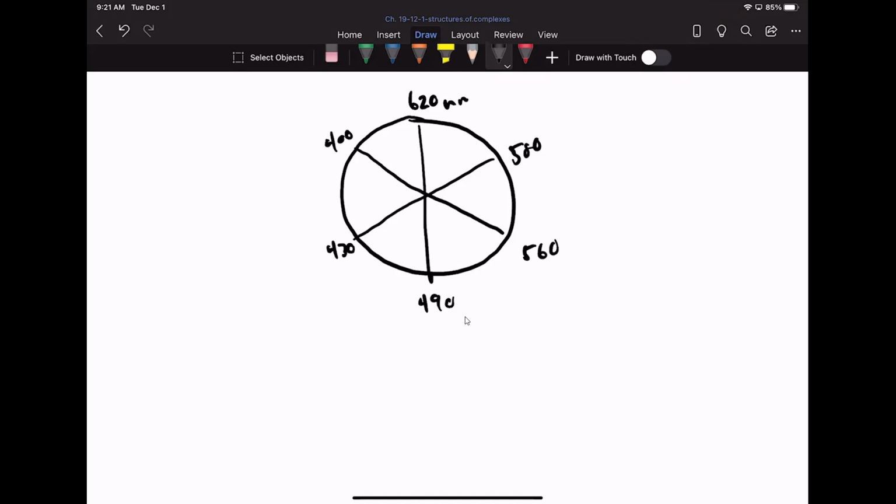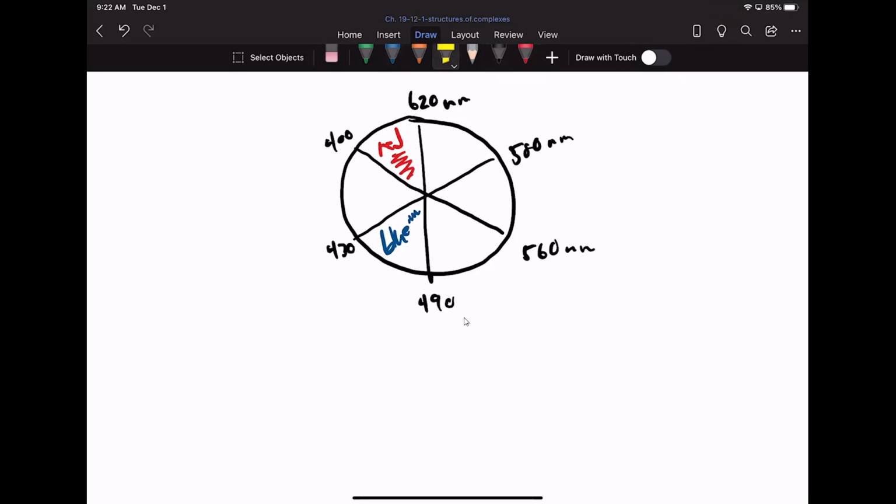And these are all in nanometers. We have red over here, put blue down here.